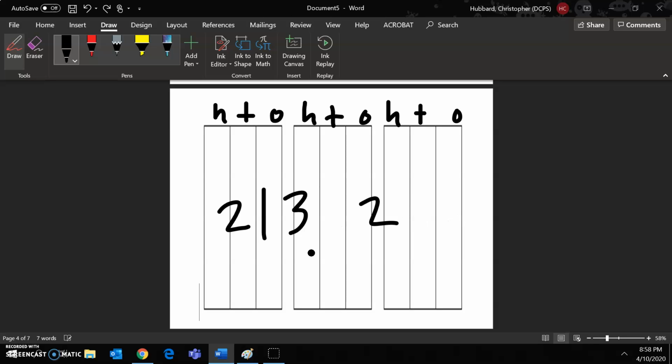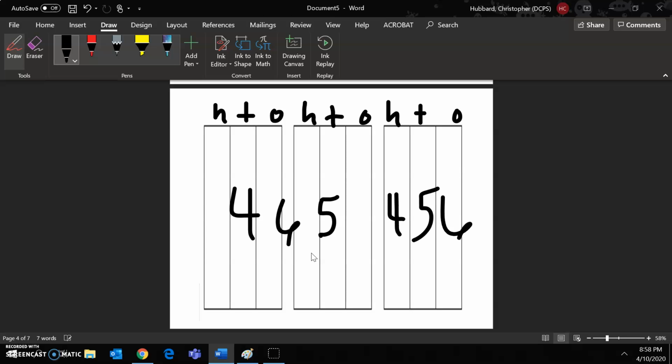Let's try one last one. 465 and 456. Look carefully because this one's a little tricky. All right, which number is greater? Awesome, 465. What symbol are we going to write? We're going to do this one because the smaller number eats the bigger number.